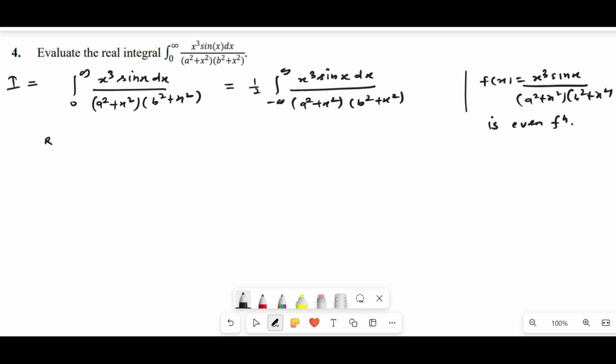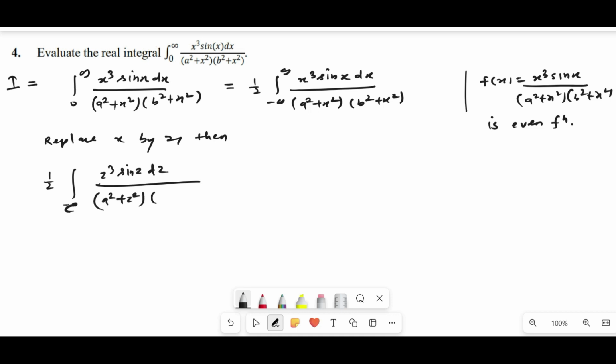Now we need to replace x by z, so this integral will be changed over the curve C to 1 by 2 times z to the power 3 sin z dz over (a square plus z square)(b square plus z square).